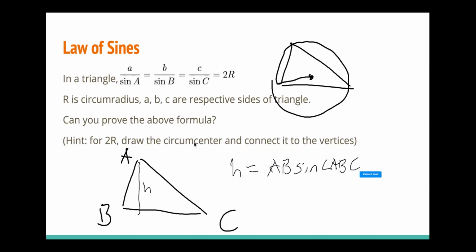It's also equal to AC sine angle ACB. From our naming conventions, AB is the letter C, and AC is the letter B. So then we know C over sine ACB, or C over sine C, is equal to, okay actually let me write this out.